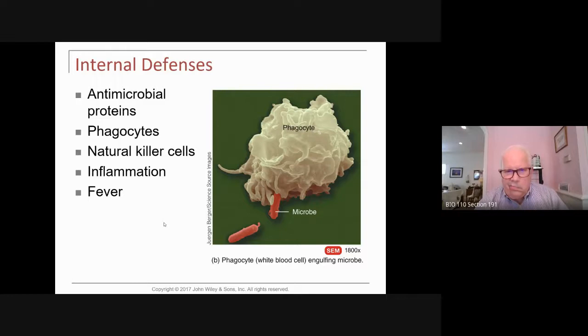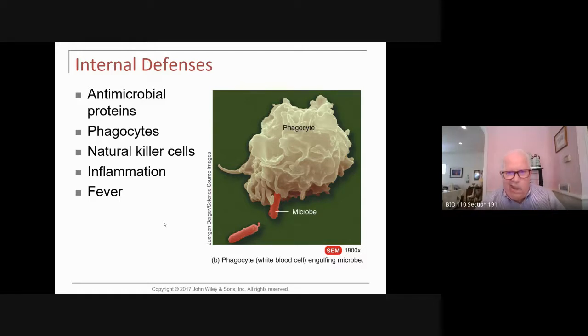Inflammation. What is inflammation? Well, it consists of 4 things. It consists of redness. It consists of heat. It consists of swelling. And it consists of pain. So those are the 4 non-specific properties of inflammation. Also, why do you develop a fever?